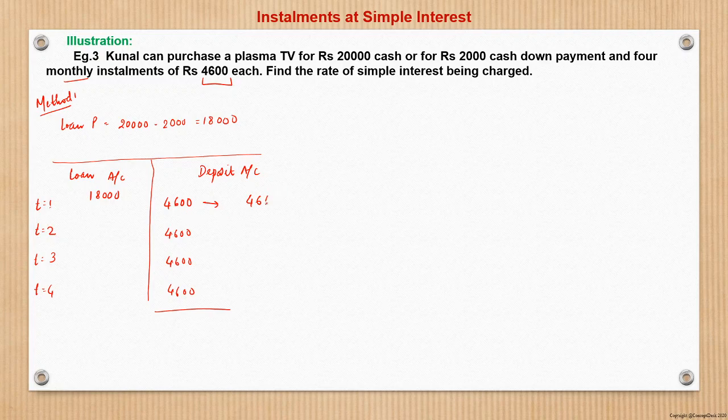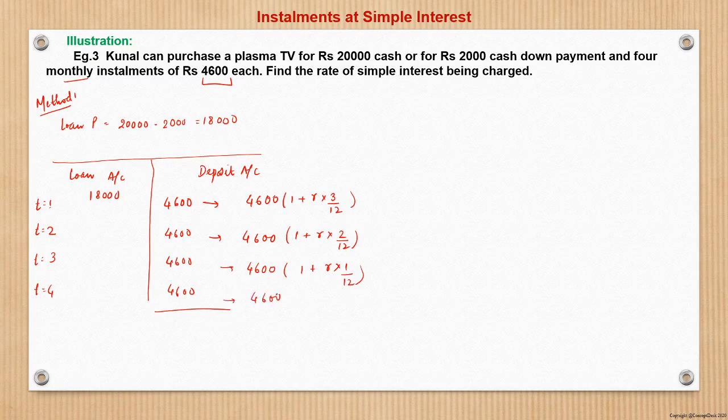So that becomes 4,600 into 1 plus R into 3 by 12, right? For 3 periods. This becomes 4,600 into 1 plus R into 2 by 12, and this becomes 4,600 into 1 plus R into 1 by 12, and this will remain the same.